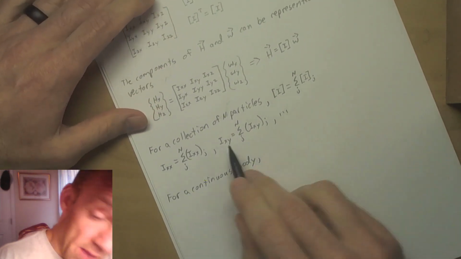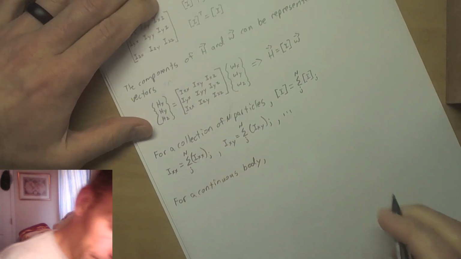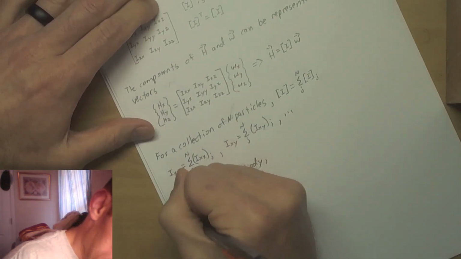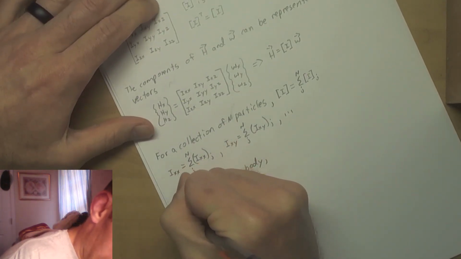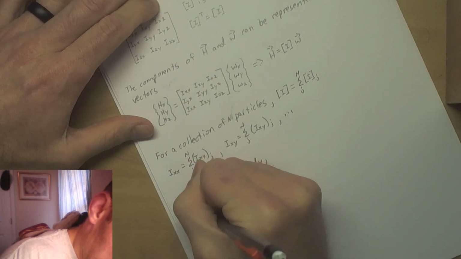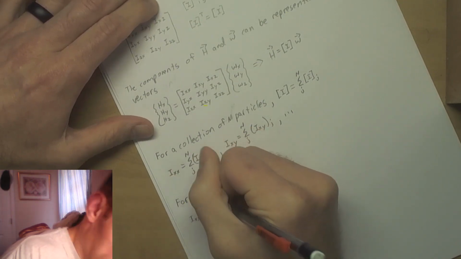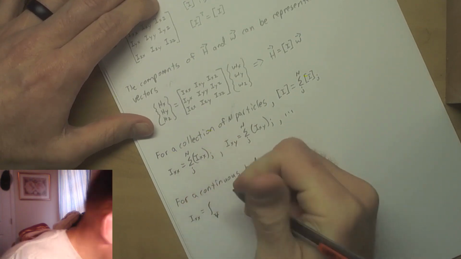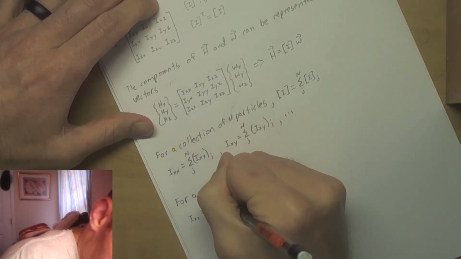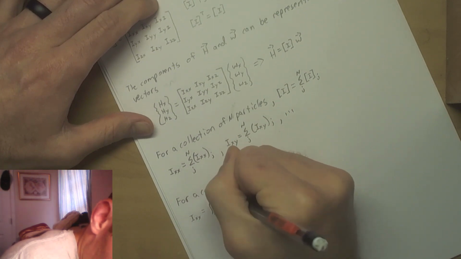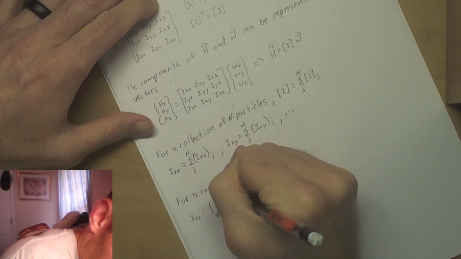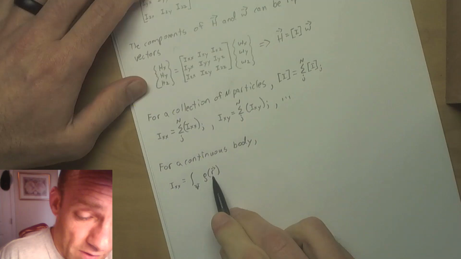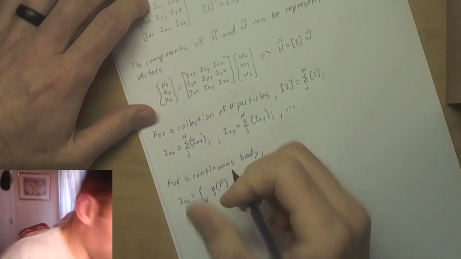So this summation becomes an integral. In that case, we have to take the integral over the volume of the density as a function of position, right?